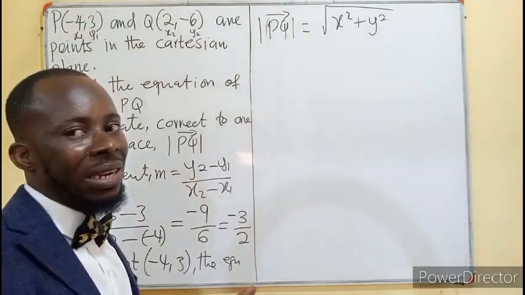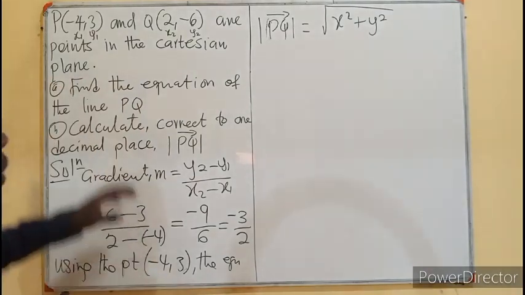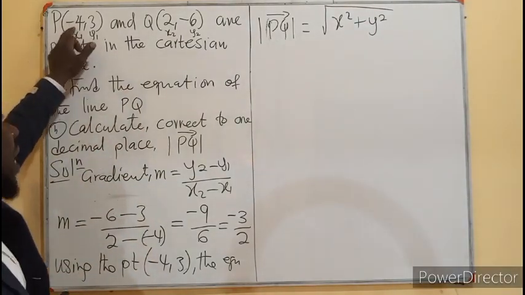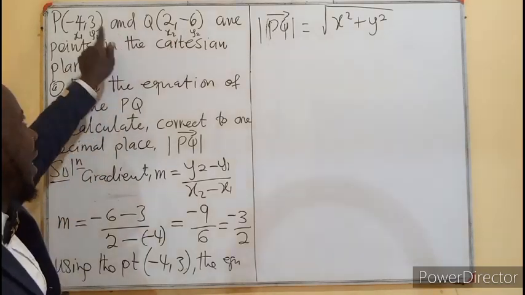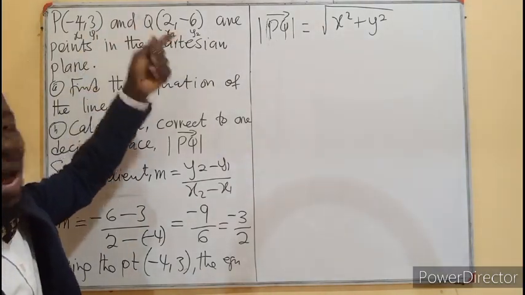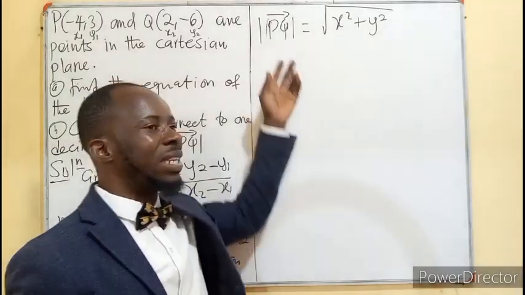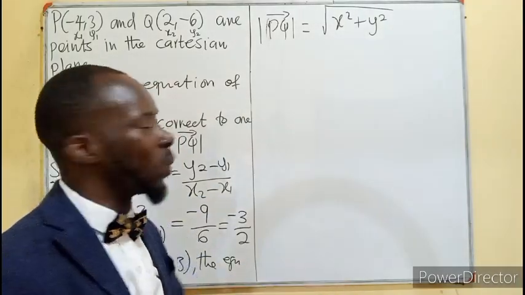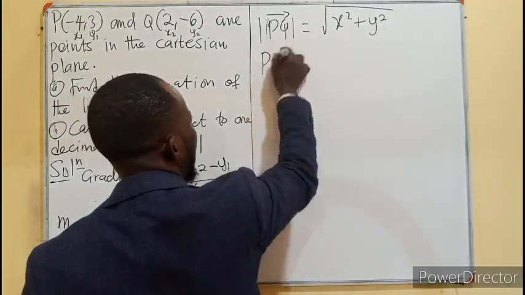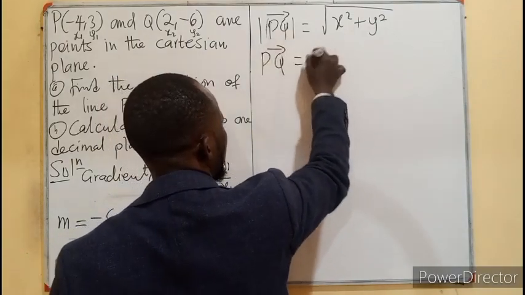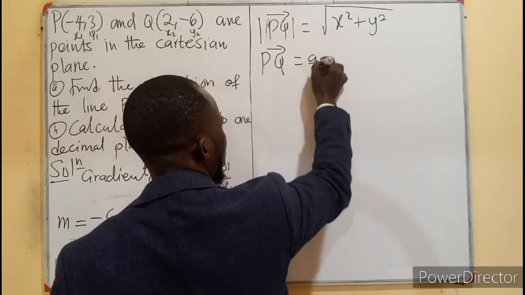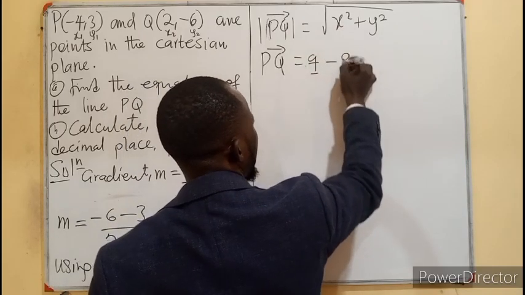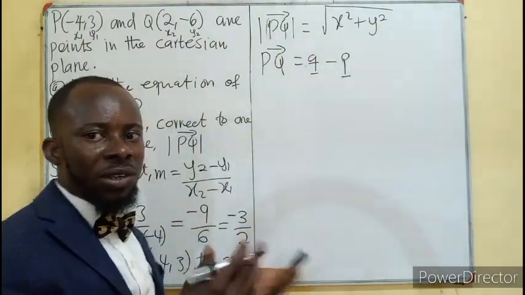We can do that directly from there. Or we are going to make sure we get one value of x and one value of y, meaning I'm going to find the position vector of PQ. Meaning your PQ will be equal to OQ minus OP, let's say Q minus P, the position vectors.